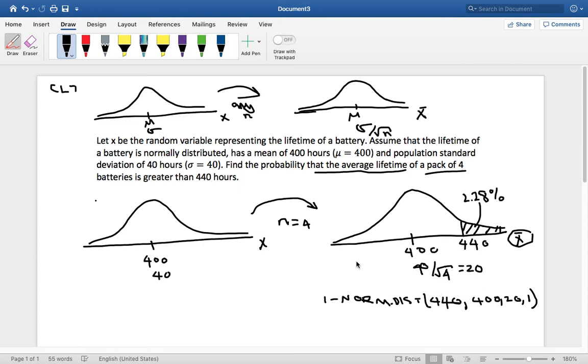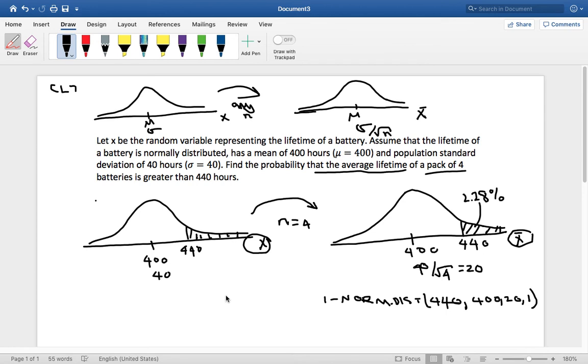Very similar. If they said what's the probability that a single battery, not the average of a 4-pack, but a single battery lasts more than 440 hours, you would just do it from here. And you'd work out this area here. This is dealing with a single battery because it's just X. X bar deals with the average of several, or in this case 4.